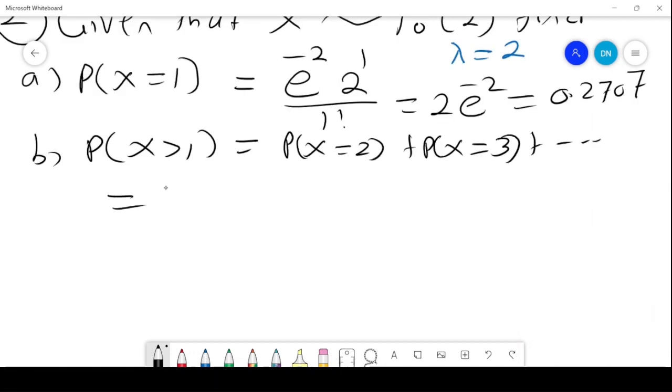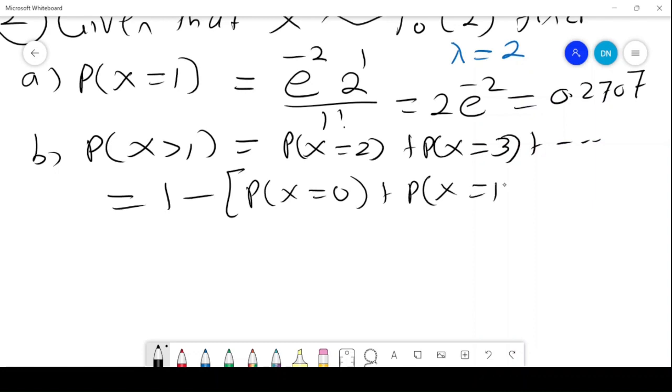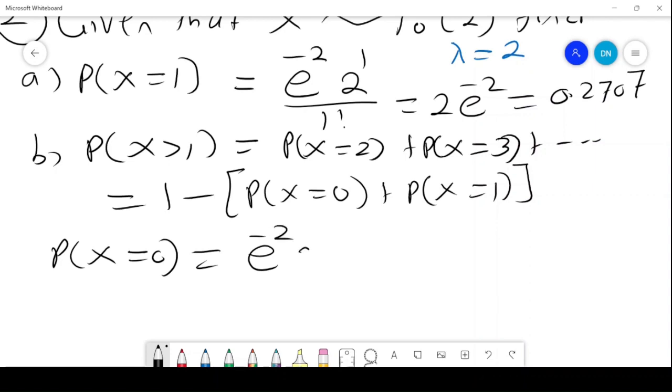This is the same as 1 minus the probability that x equals 0 plus the probability that x equals 1. The probability that x equals 0 is e raised to the power minus lambda, lambda raised to the power x over x factorial, which is e raised to the power minus 2.